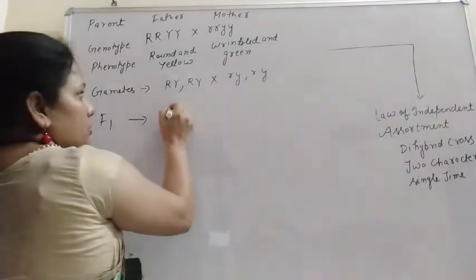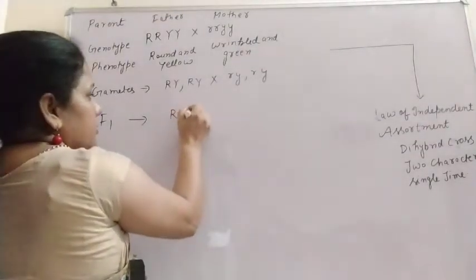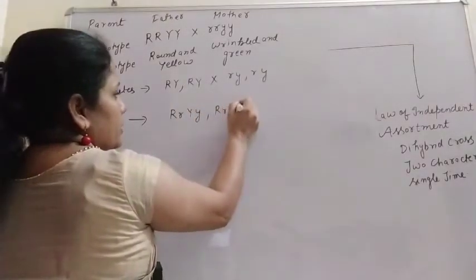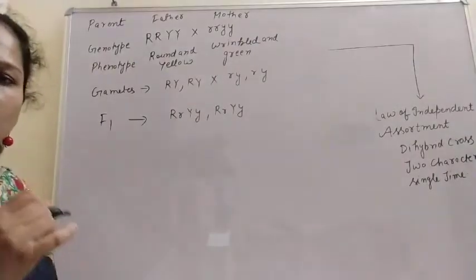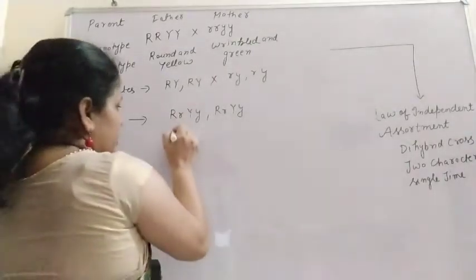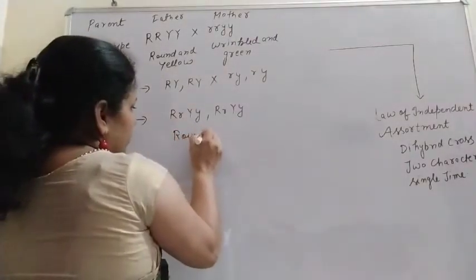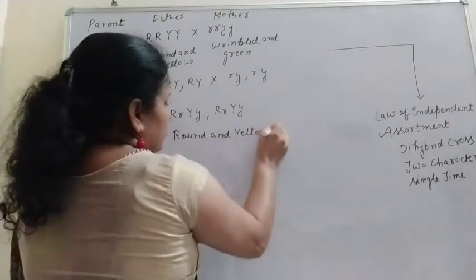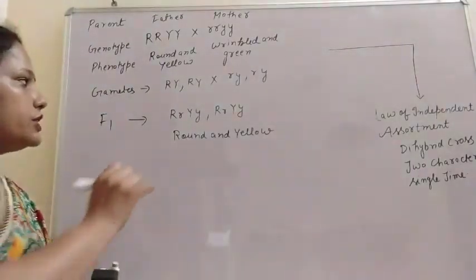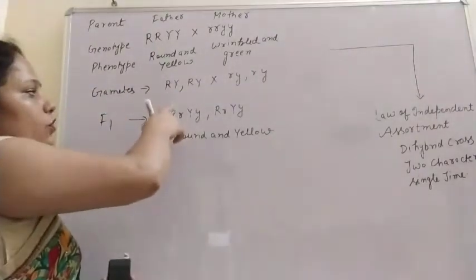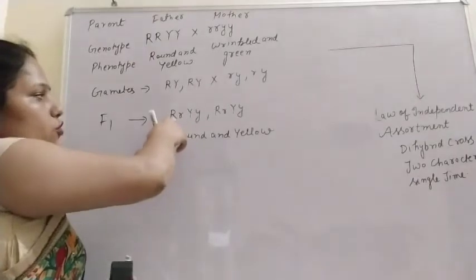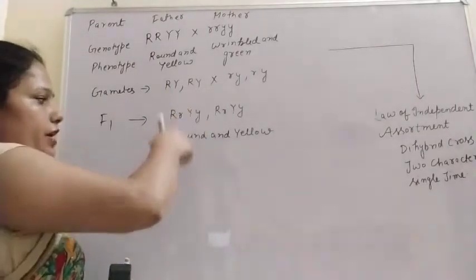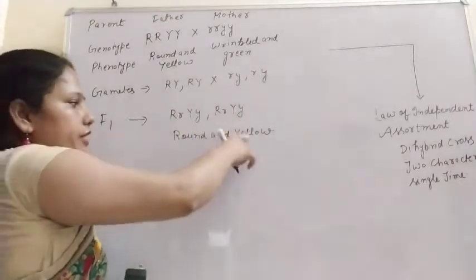In F1 generation, capital R, small r, capital Y, small y, capital R, small r, capital Y, small y. Means what is the phenotype? The phenotype is round and yellow. So this allele is dominant over small r, and this allele is dominant over small y. So that is round and yellow.